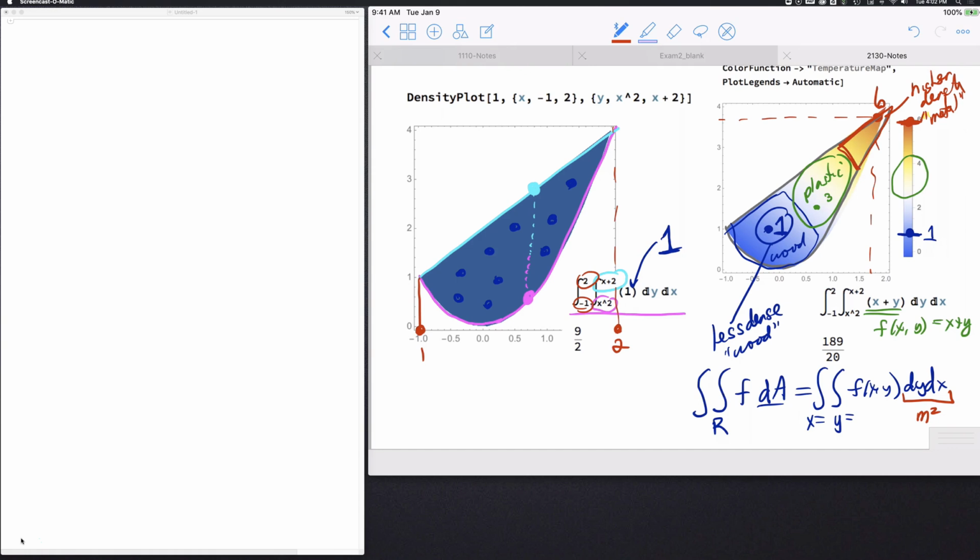That's a unit of area. Then we have the function itself, the color part of the graph, which we associate with density, with units of, say, kilogram per meter squared. So it has an area density.